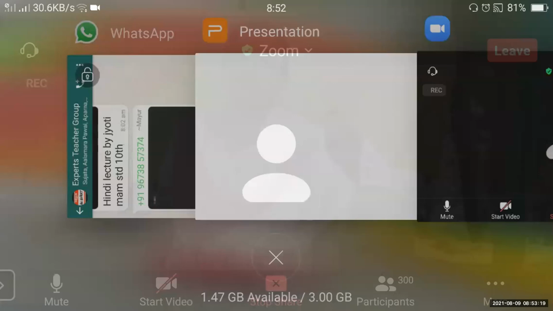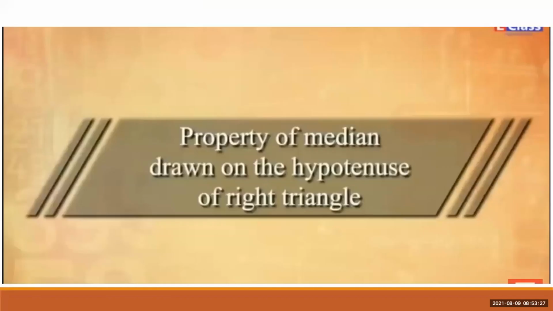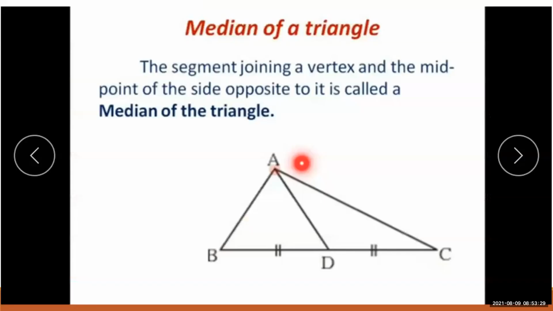Choose the vertex and the side opposite to this vertex. Which is the side opposite to this vertex? That is BC, one of the sides of the triangle. Now, the midpoint of this side and the vertex, the segment joining these points is called a median.